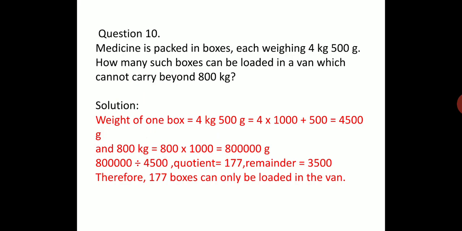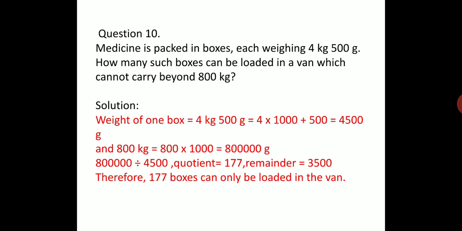So I am converting into grams. So 4500 grams. Now 800 kg equals how many grams? It will be 8 lakh grams. Now you divide 8 lakh by 4500, we will get the quotient 177, and remainder 3500. So the number of boxes will be the answer: 177 boxes can be loaded in the van.